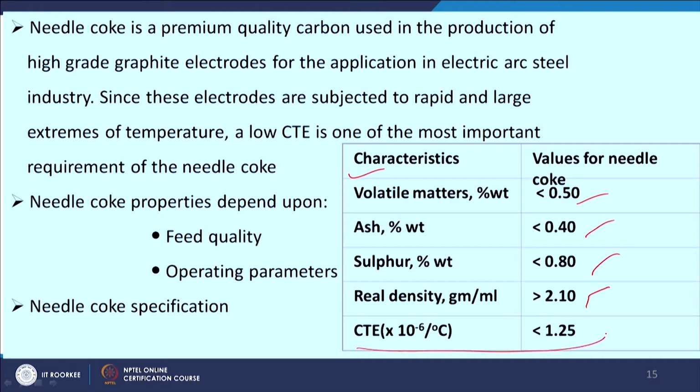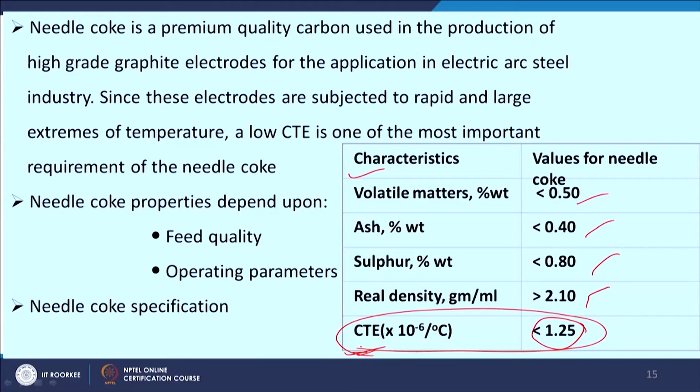But the most important property for needle coke is CTE, the coefficient of thermal expansion, in 10 to the minus 6 per degree centigrade, it is 1.25. So, that is 1.25 into 10 to the minus 6 per degree centigrade. Because of this low CTE value, it is used as electrode.